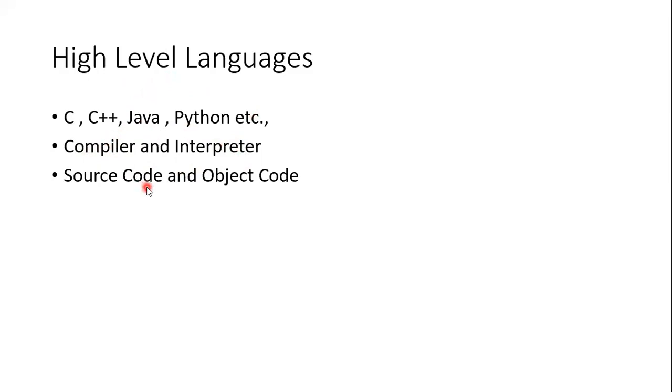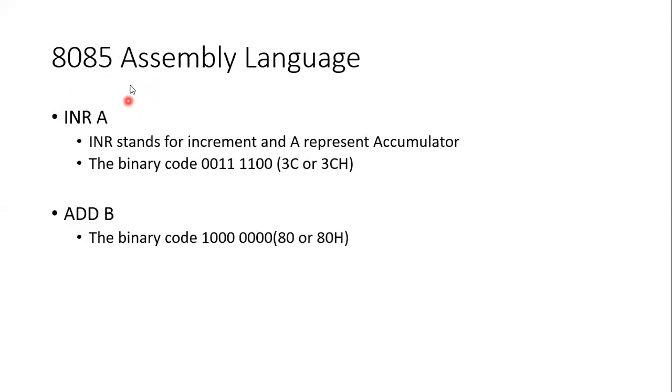Then what is source code and what is object code? Source code means, for example, in assembly, the assembly language is the source code. Then object code is the machine language. The corresponding machine code is the object code.